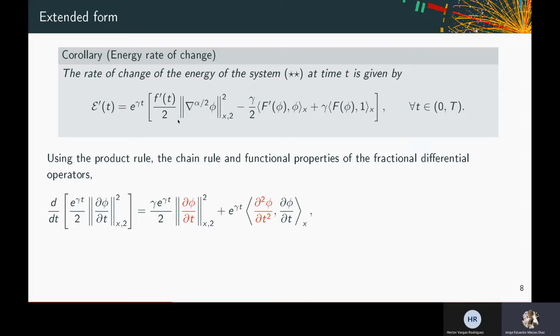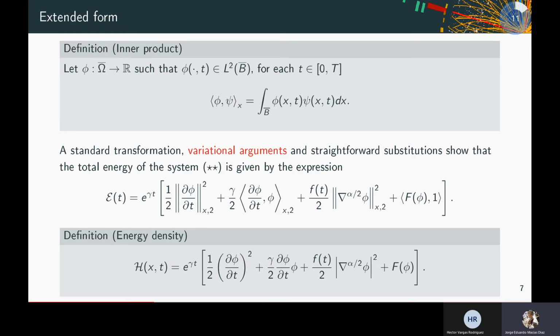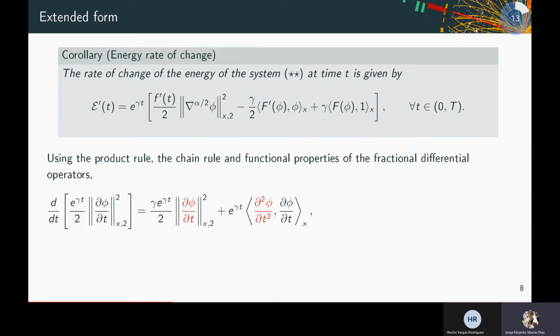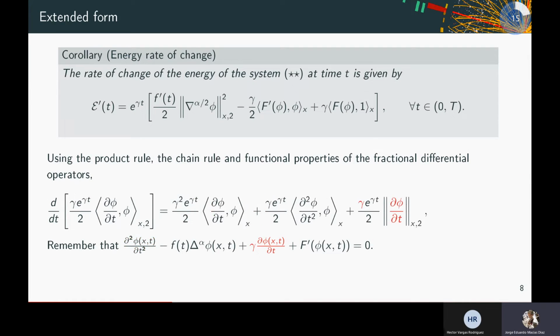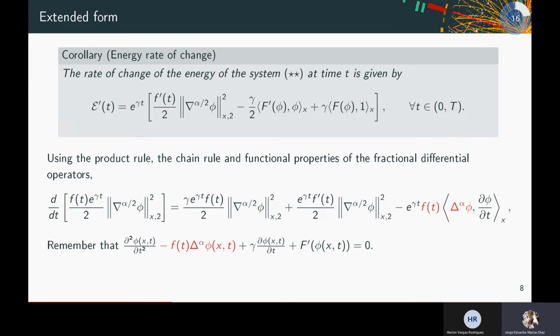How do we obtain this expression? We just take the derivative of the terms in the energy. Remember that the energy is given in this form, so we take derivatives of all the terms. We take the derivative of this term, which gives you this expression. We remember that this property is satisfied, therefore we obtain also this formula, and this other formula also.